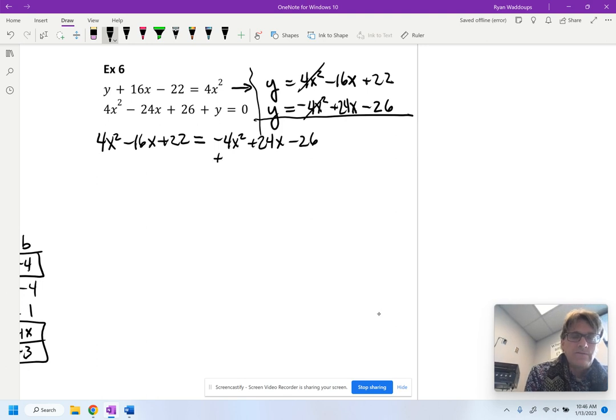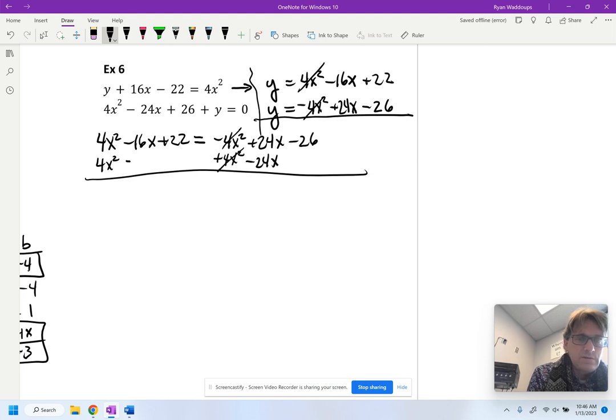So I'm going to add 4x squared to both sides to get rid of it on the right. I'm going to subtract 24x from both sides to get rid of it on the right. And I'm going to add 26 to both sides to get rid of it on the right, leaving on the right 0. Put this in standard form.